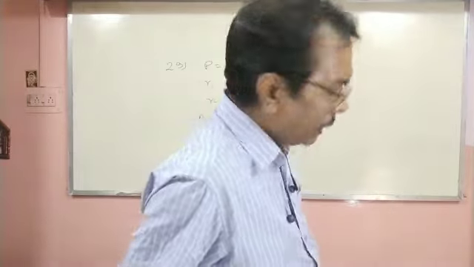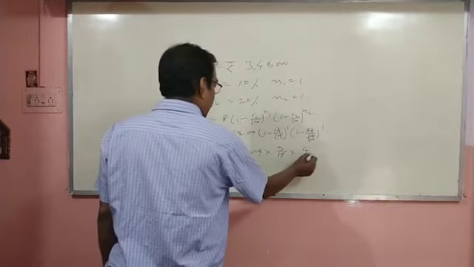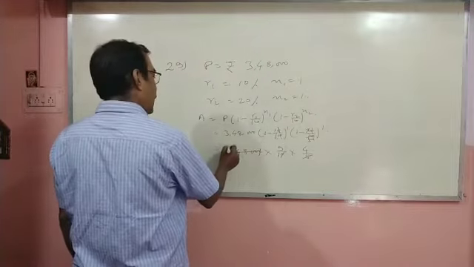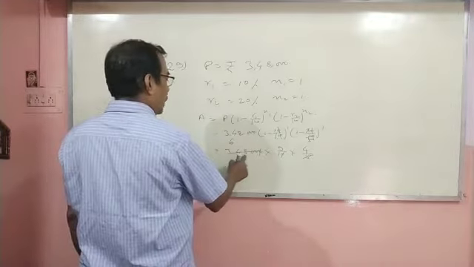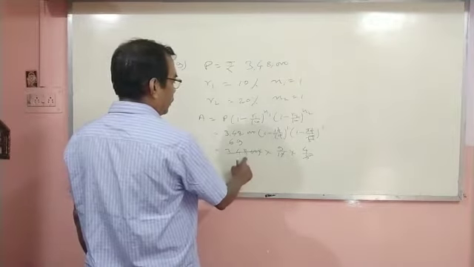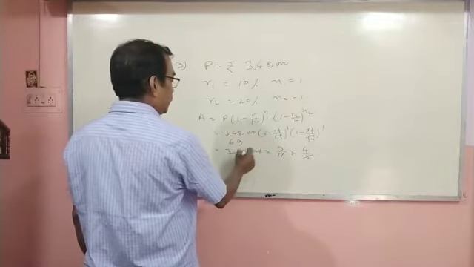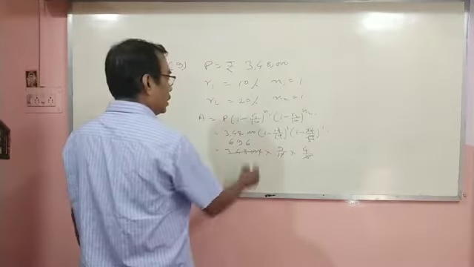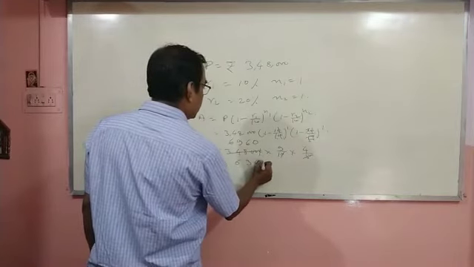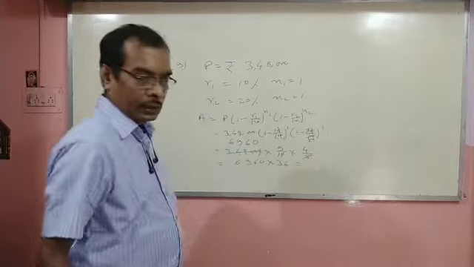Now the calculation part. 5 6s are 30, 5 9s are 45, 5 6s are 30, followed by 1 zero, is equal to 6960 into 4 9s are 36.